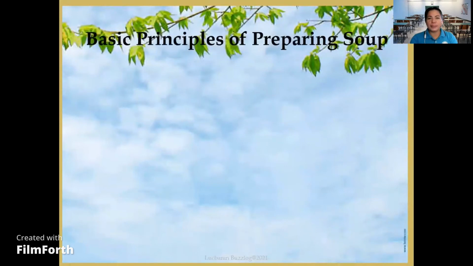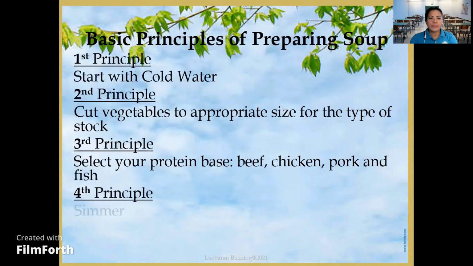And the basic principles of preparing these soups are, the first principle, start with cold water and cut vegetables to an appropriate size for the type of stock. Yan. Dapat cold water, at appropriate sizes po yung pagkat mo ng vegetables.